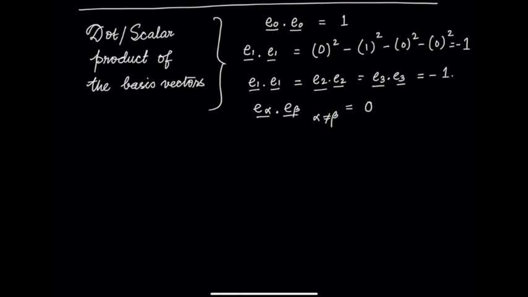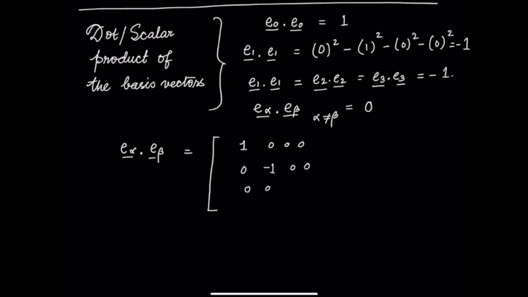So let us write this down. I can write this as E alpha dot E beta. Well, all the off-diagonal components are 0. The diagonal components, well, E00 is 1. Off-diagonals are all 0. 1,1 is minus 1.